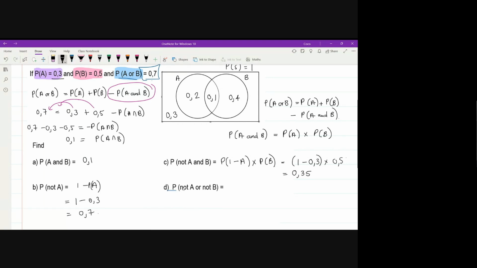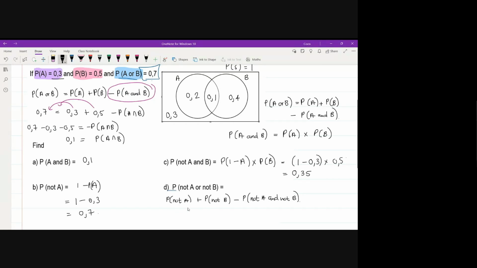If we're looking for the probability of not A or not B, then this formula changes a little bit in that the probability of not A or not B is going to be the probability of not A plus the probability of not B minus the probability of not A and not B. Or, not A and B altogether, really. So we need to make sure that we're doing this correctly.